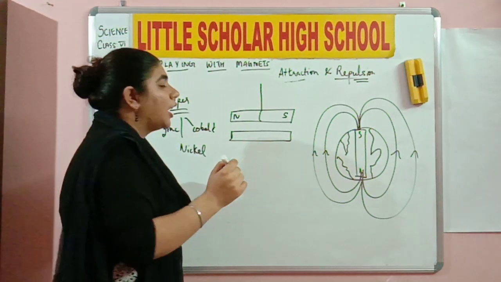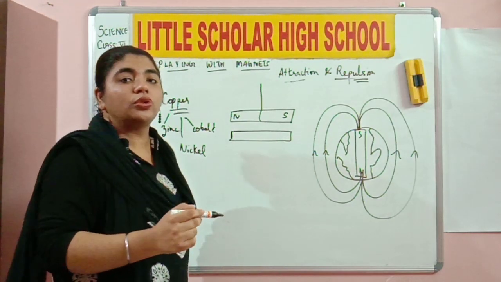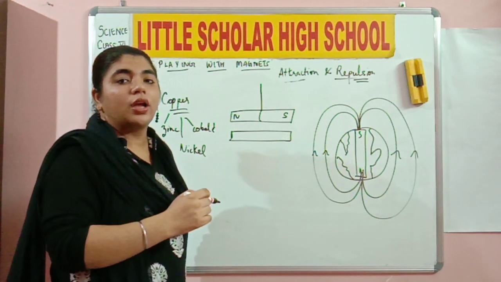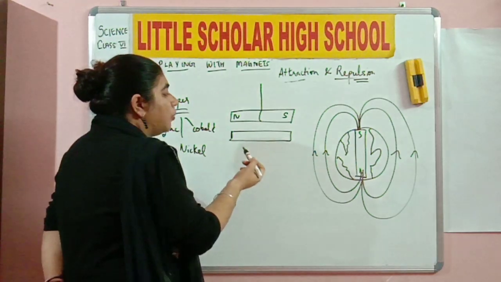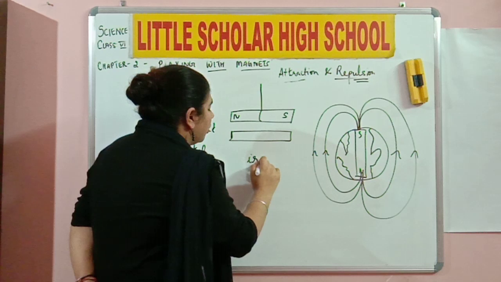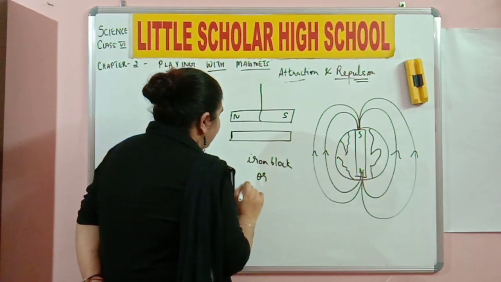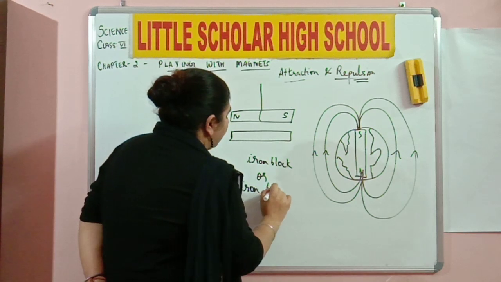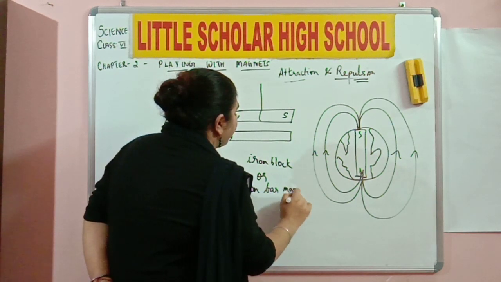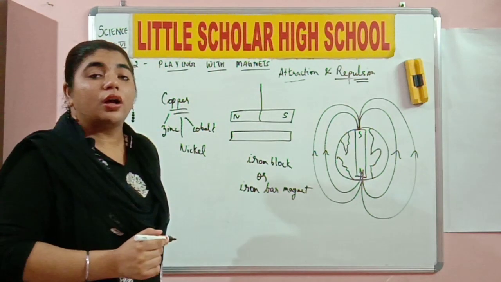For example, I have an iron block with me. I don't know the polarity of the iron block. I don't know whether it is just an iron block or an iron bar magnet. So what do I do now?